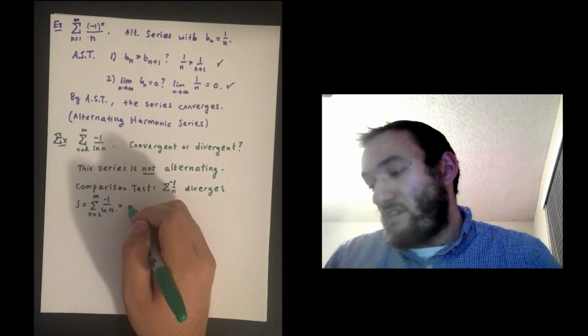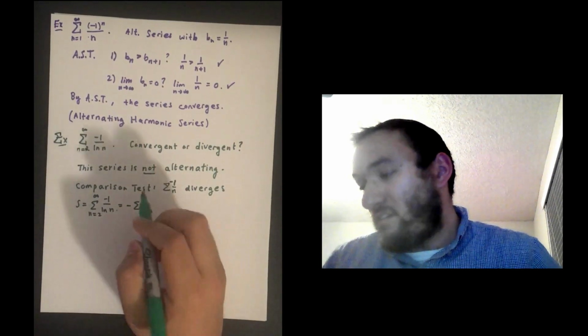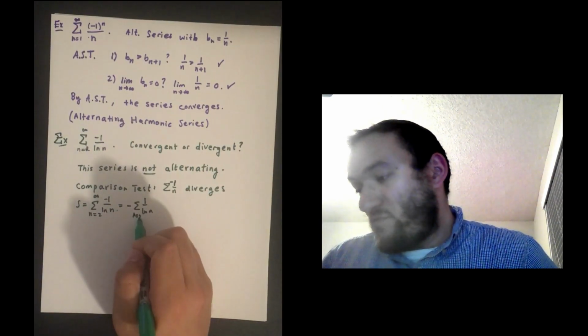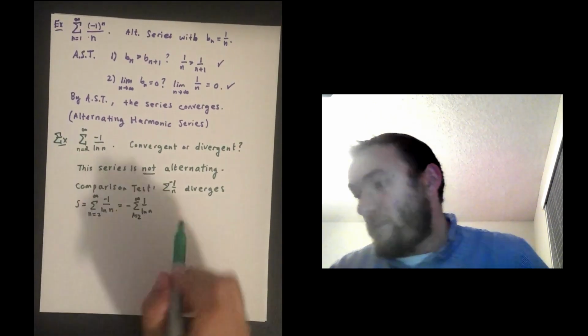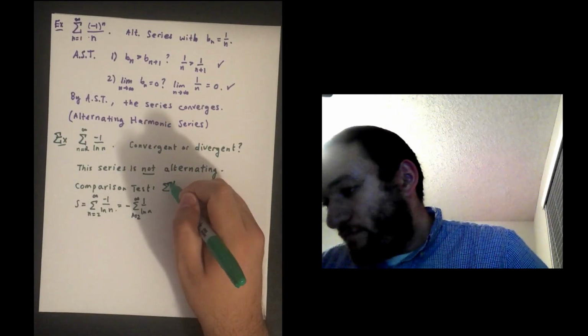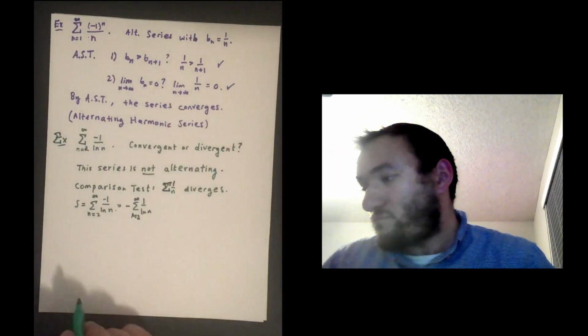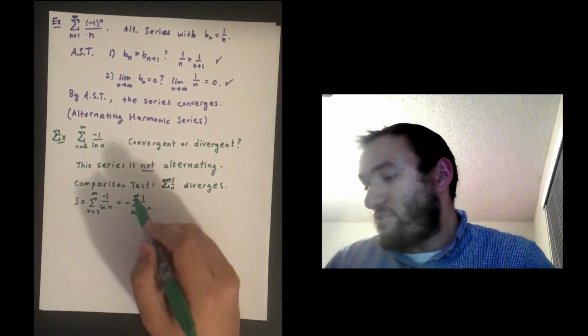This is really just minus the series 1 over ln n. And so we can determine the convergence of this series and then apply the minus sign. Okay. So let's determine this.